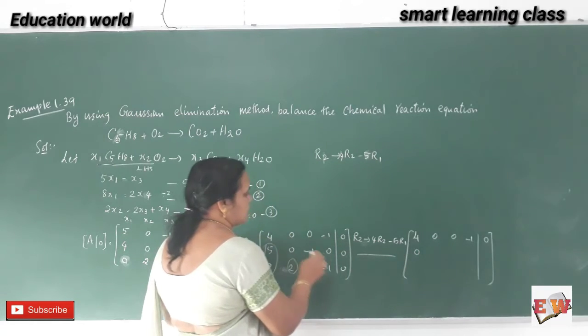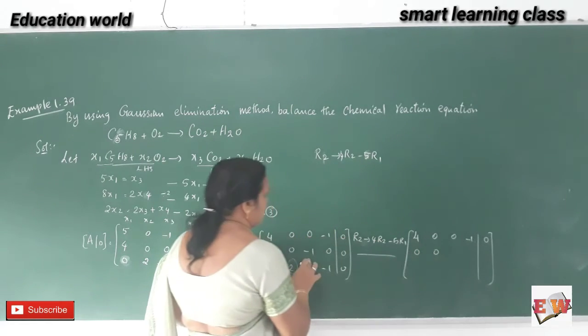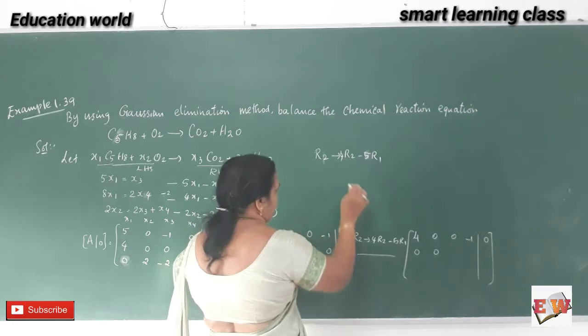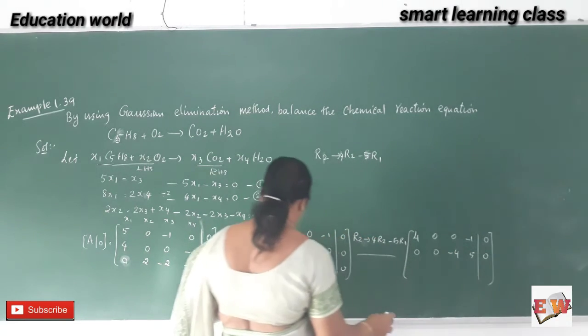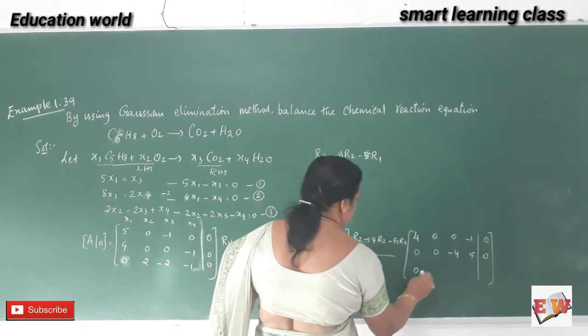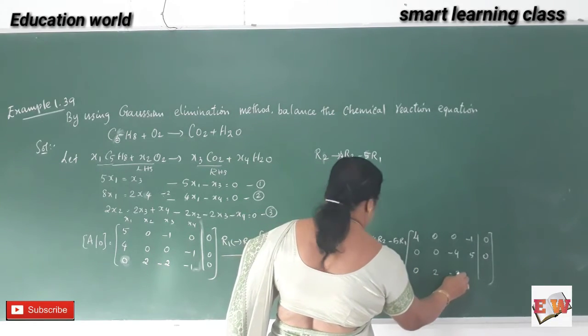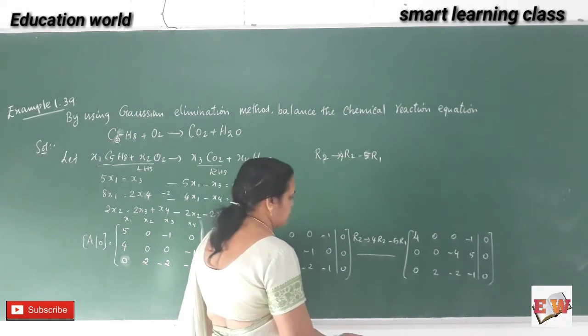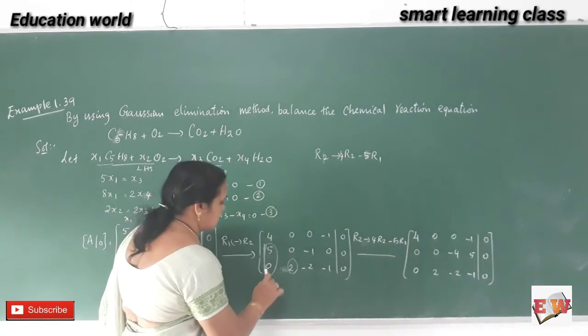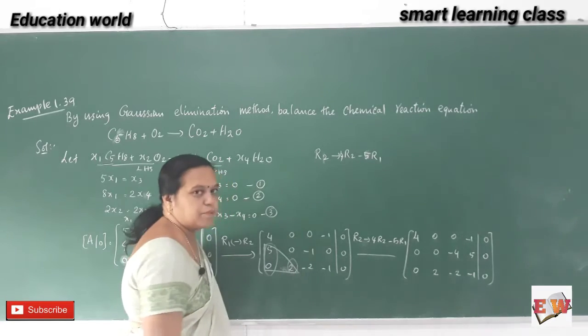See here 0 minus 0, 0. Here 4 minus 4 plus 5, 0, 0, 2, minus 2, minus 1, 0. We have to bring that row echelon form, means these three terms should be 0.